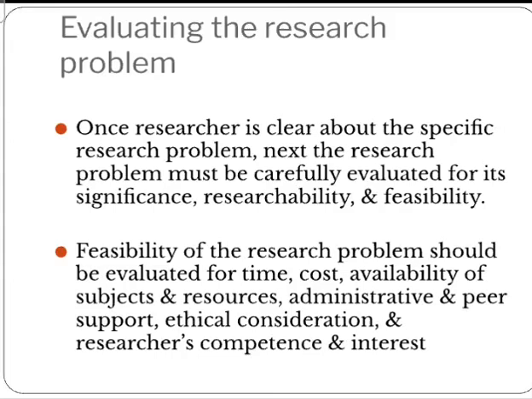Feasibility, as I said, includes time, cost, resources, subjects availability, administrative and peer support, ethical consideration. So all these things you should check with your research problem. This is called evaluating the research problem.